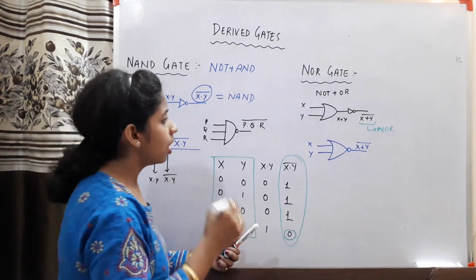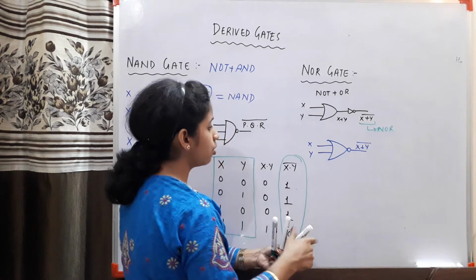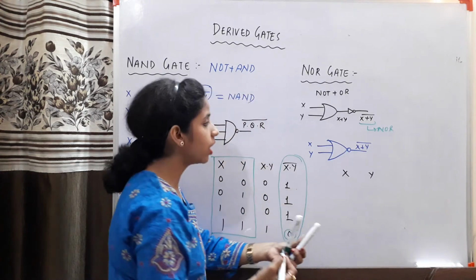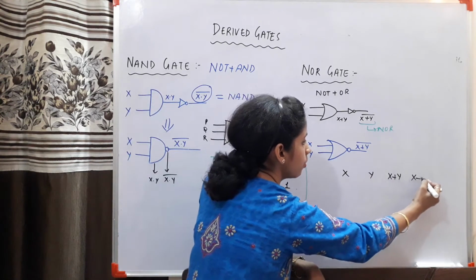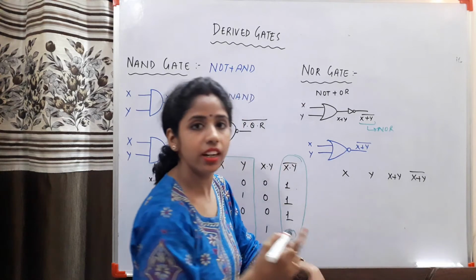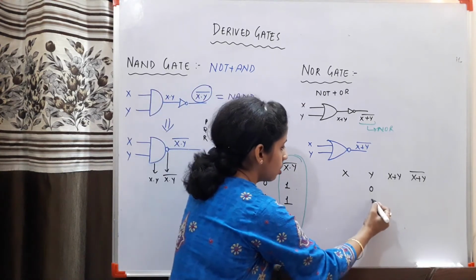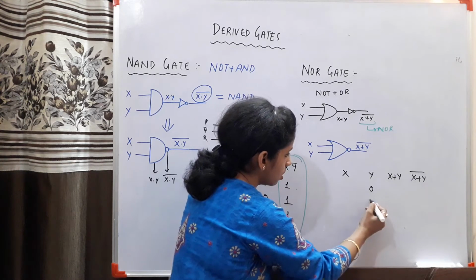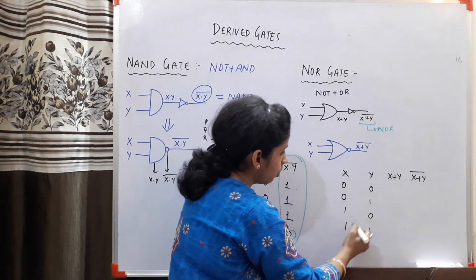Clear? Now see the truth table. Again in the truth table you will have two variables, x and y. Okay, and you will first of all perform its x plus y and then you will find x plus y whole bar to get the final output of this gate. Clear? So see, here we have 1 0 1 1 and here two zeros, two ones.